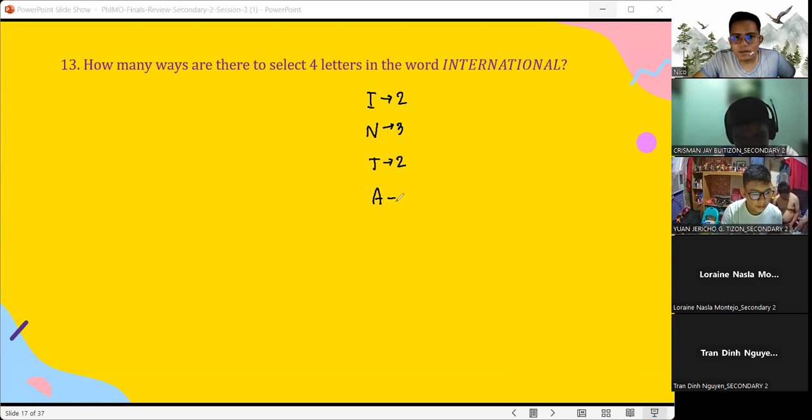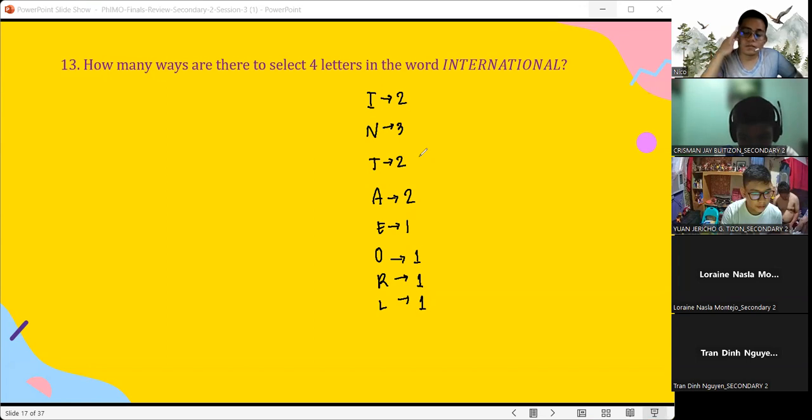The A, there are two of them. The E is only one. The O, the R, the L is only one.